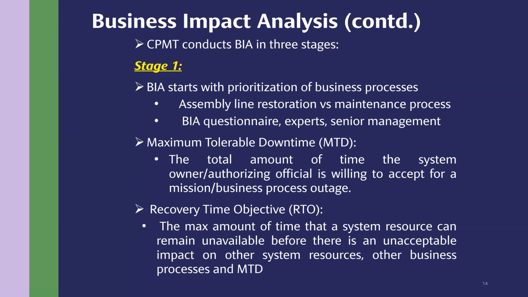Now, the BIA needs to prioritize based on financial loss and other things, and make a list of prioritization in which they can mention, okay, assembly line is very important because it is going to have a huge impact on the organization in terms of financial cost compared to the maintenance process. So the first step starts with prioritization of business processes.